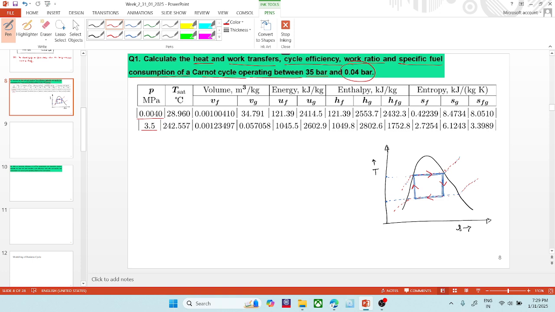Okay, so here let me write: point 1 is the inlet of the turbine, point 2 is the outlet of the turbine, 2 to 3 is the condensing, and 3 to 4 is the pump work. Let me write that this is the pressure P1, and this is the pressure P2. I won't make this plot very messy, but let me write the values here.